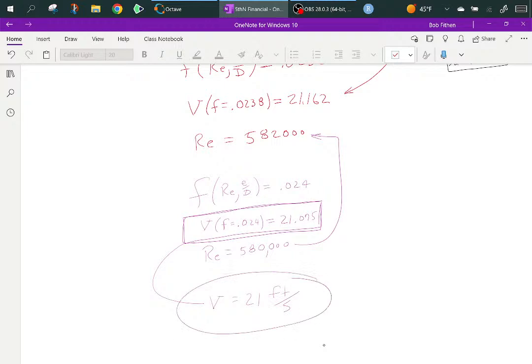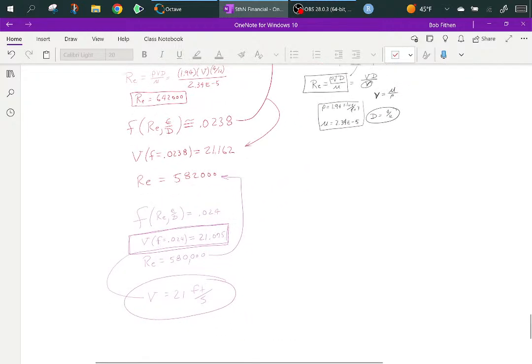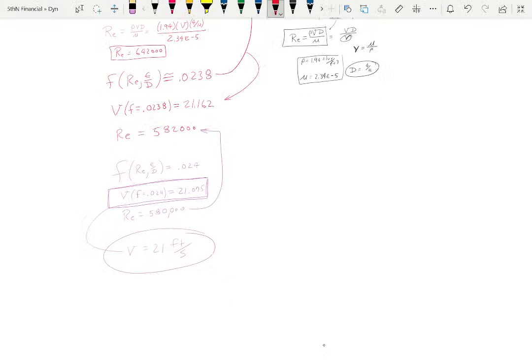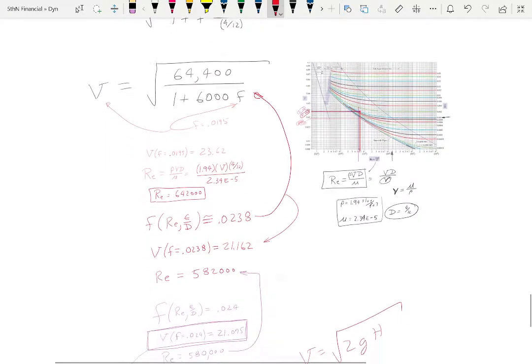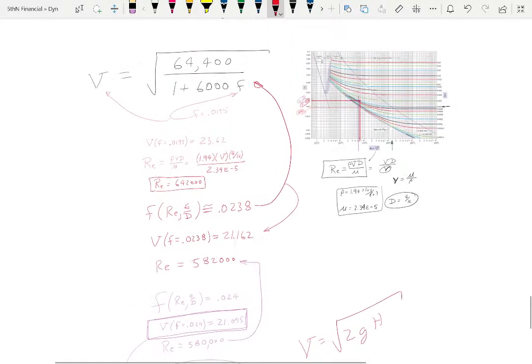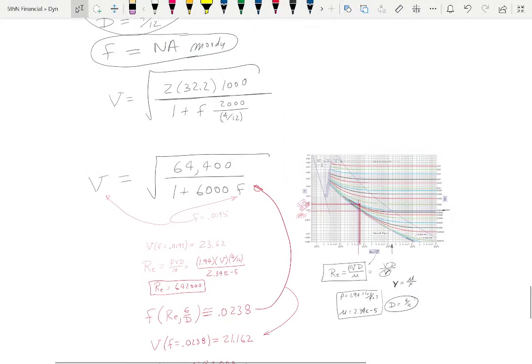What would happen if there are no losses? If there are no losses, V is equal to, let me go back to the other pen. No losses, V would equal the square root of 2GH, which would equal the square root of 64,000, because the F wouldn't be there. This wouldn't be there if there were no friction factor.